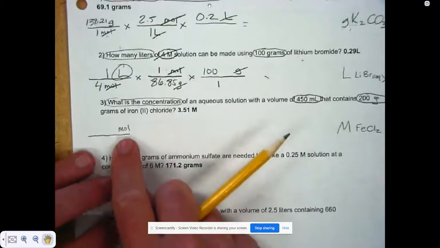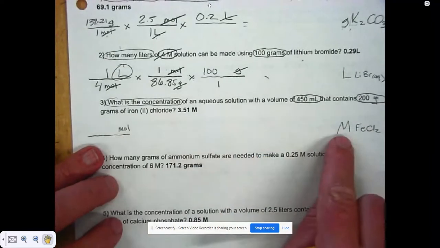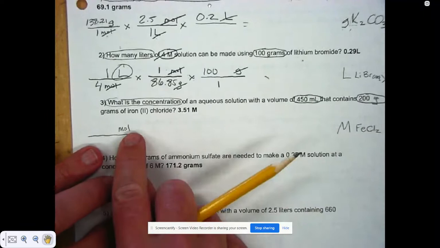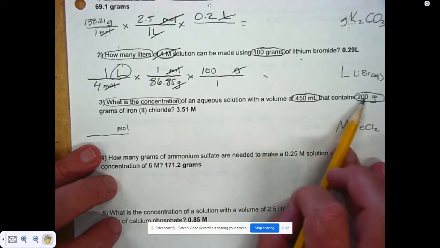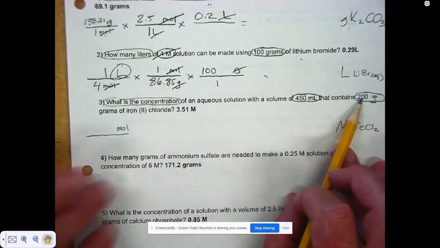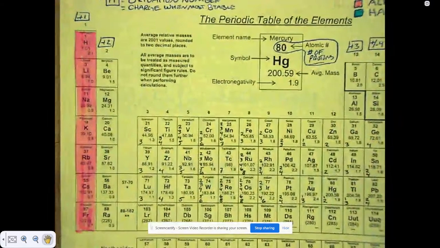Finally, this one right here, we want moles per liter. So I want moles on top. Does this have anything to do with moles? No. Does this have anything to do with moles? No. But this does, right? The molar mass does.